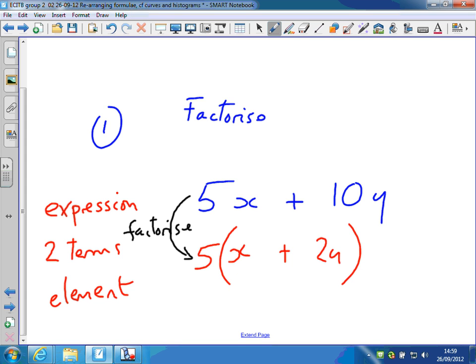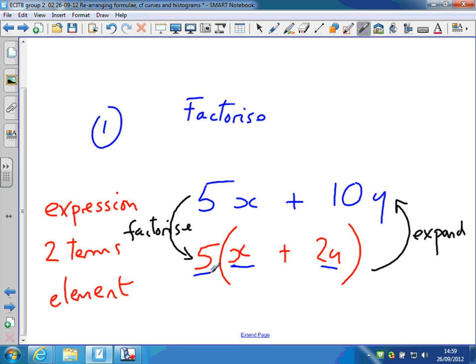Okay? To go back the other way is called expand. Expand out the brackets. If I ask you to expand a bracket, what I'm asking you to do is multiply every term inside the bracket by what's outside the bracket.